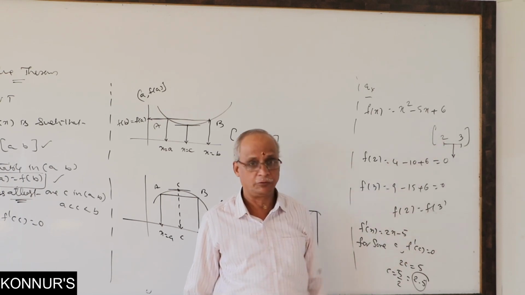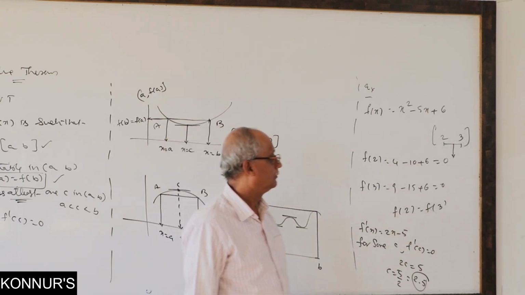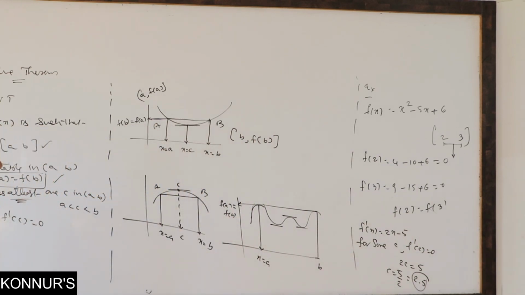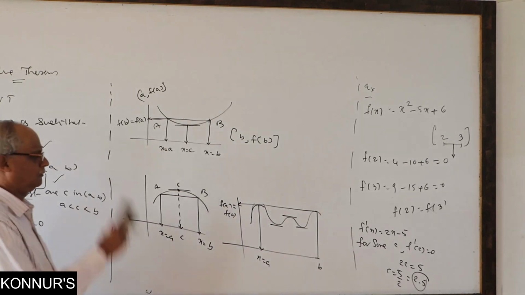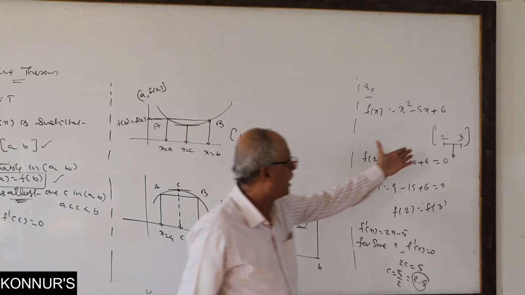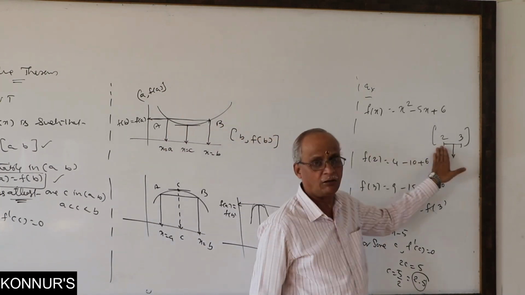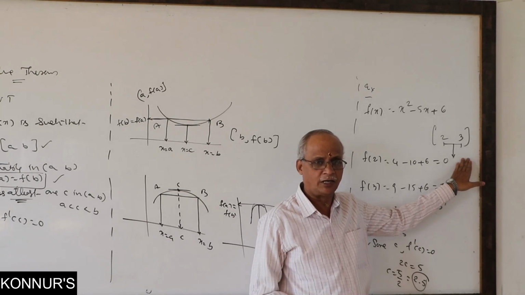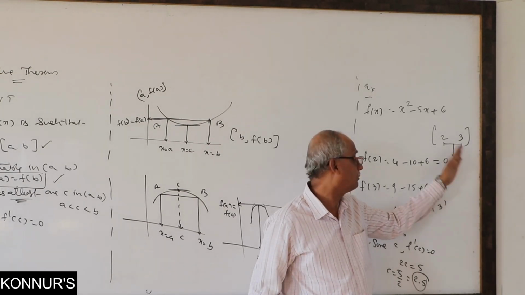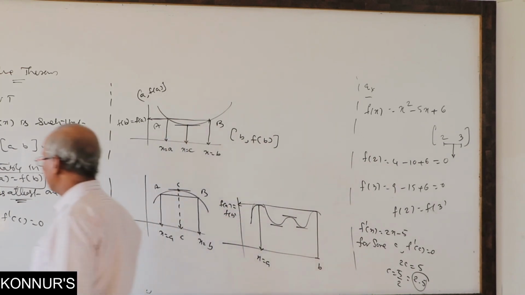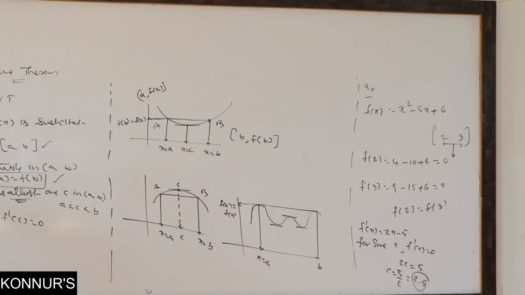Write down the average, arithmetic mean. Okay, how did you get that? Even if I give you one general problem, you will get the mean value only: a plus b by 2. If I give you one function here on the closed interval a b, what is the c value at which the tangent is parallel to the x-axis? a plus b by 2. As a result, it is all about Rolle's mean value.